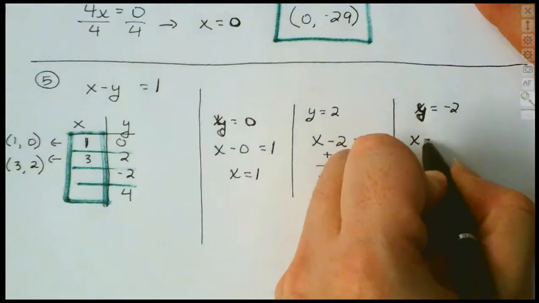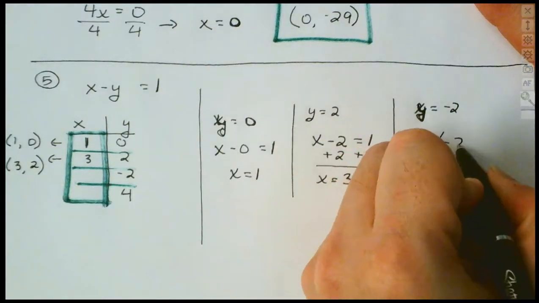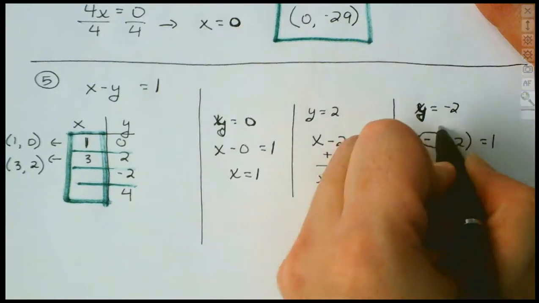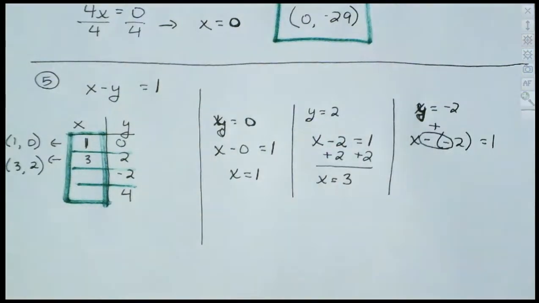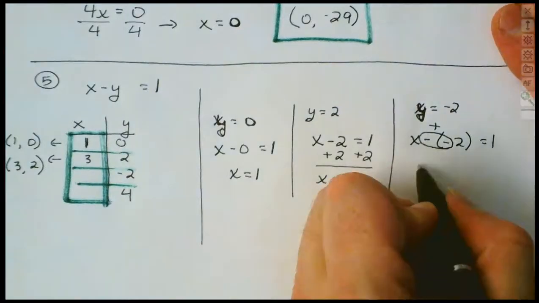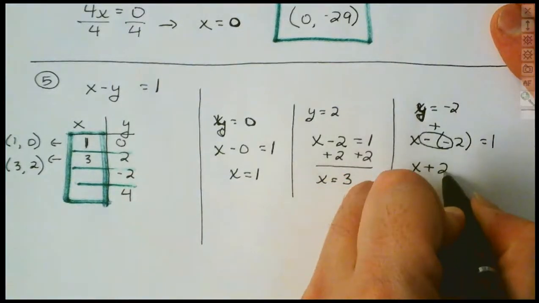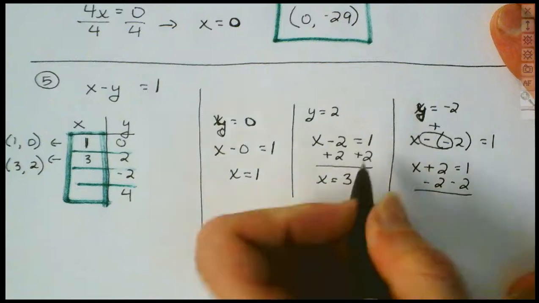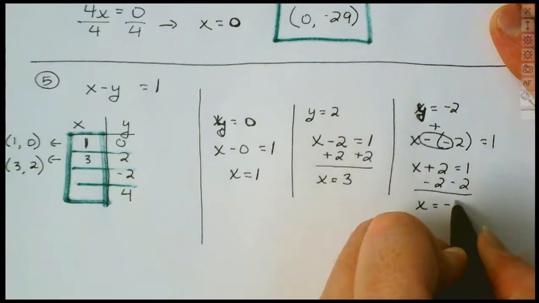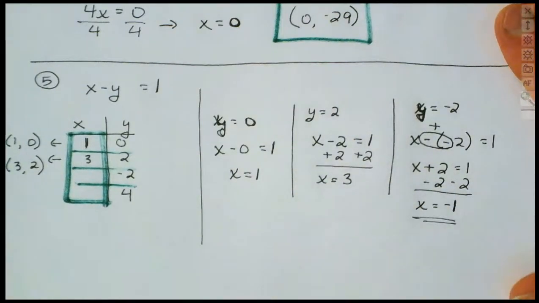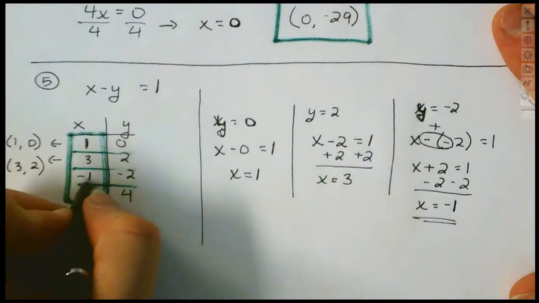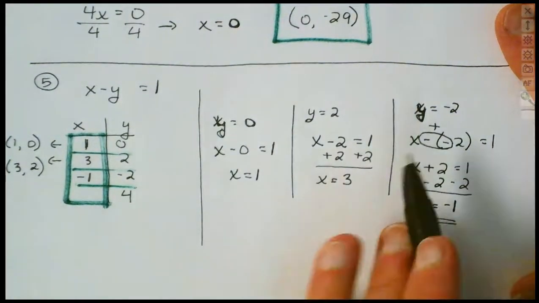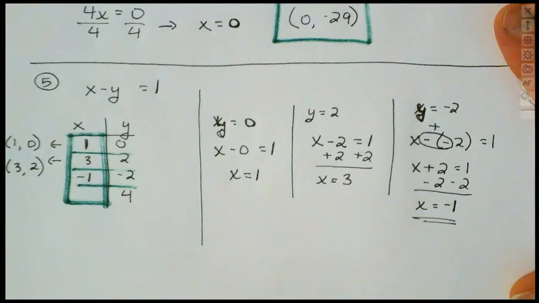So now we have x minus negative 2 equals 1. We know that this double negative here, well, that's going to make that positive. And now we've got x plus 2 equals 1. Subtract off your 2. And so x now equals negative 1. So move things around and watch out for that double negative.